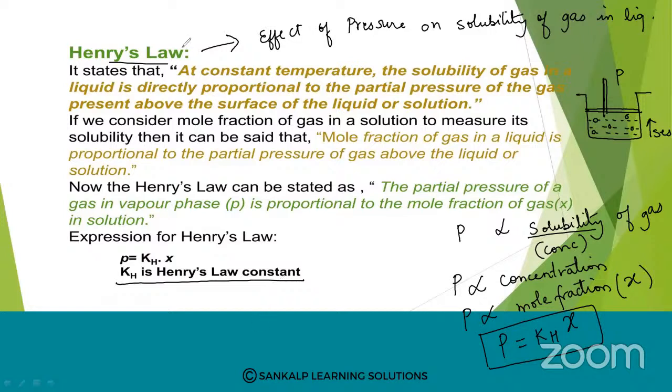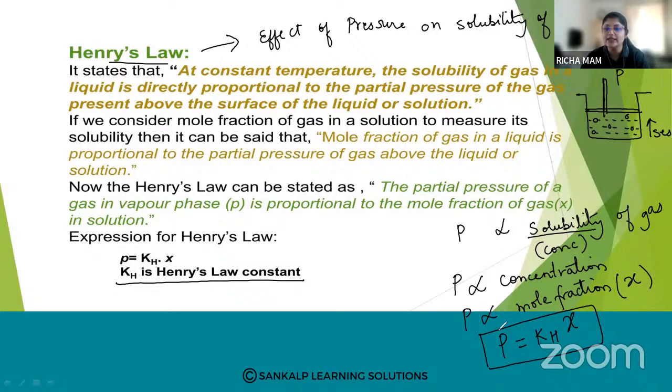So, one more time, I'll state Henry's law. Henry's law states that the amount of gas that is dissolved in a liquid is directly proportional to the partial pressure of the gas. And the important thing is that temperature should be kept constant. So the solubility of a gas in the liquid is directly proportional to the partial pressure, with temperature constant.